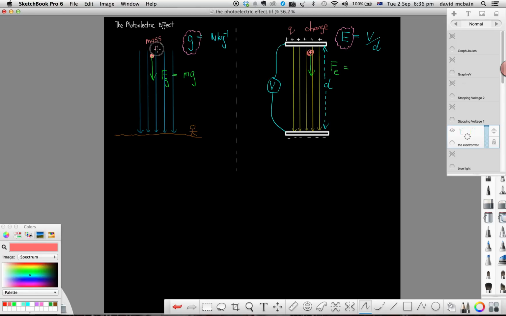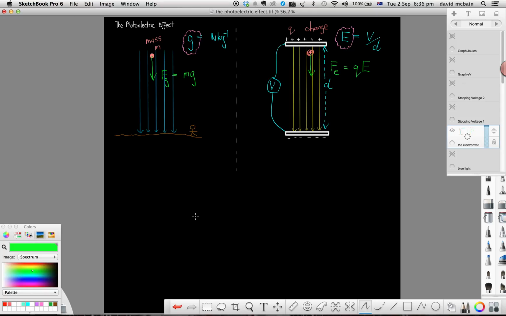So the force on the charge is going to be q times the strength of the electric field, which is E. So there's a similarity or a symmetry you hopefully might see there. Electric fields act on charge, gravitational fields act on mass, and in both cases a force is being applied to the particle in question.